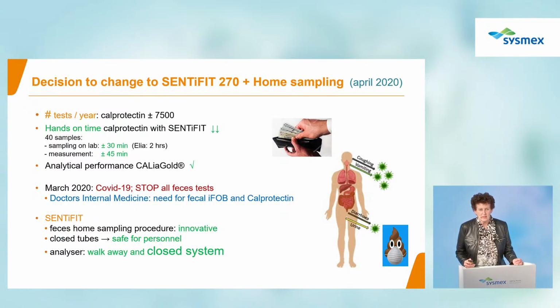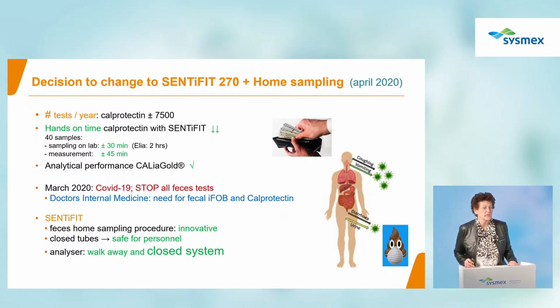Well, COVID had some other plans, and as the WHO recommended to stop all fecal sampling at the first part of COVID, we said, well, we do not perform any feces tests, also including the FIT test for the FOB or the Calprotectin test. We cannot do that anymore.